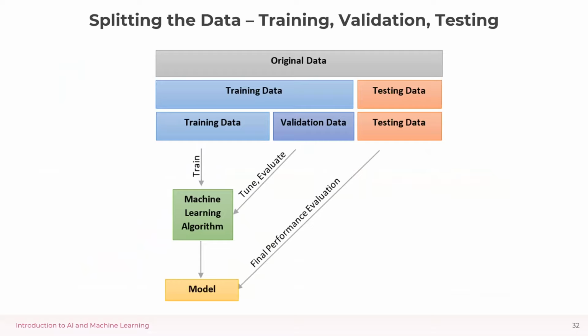So typically, when you are working on an AI problem, you get a lot of data, right? And how do you use that data? You break it down into typically 3 parts. The first part you use to build your model, and that's called training data. Once you have trained your model and you come up with fairly accurate predictions, then you use the second part of the data that you had kept aside, which is called validation data.